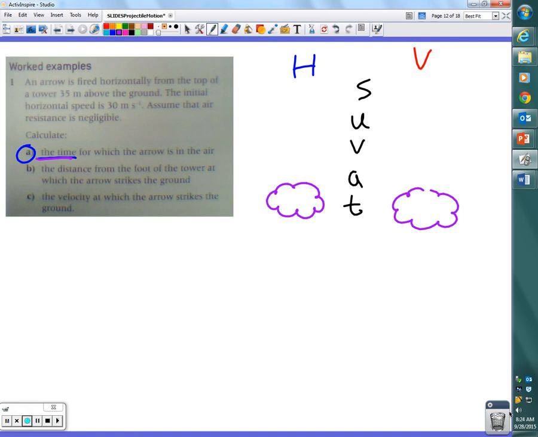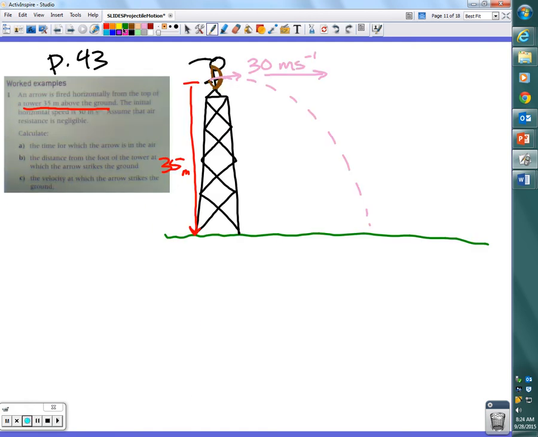So the amount of time that it's traveling horizontally is exactly the same as the amount of time that it travels vertically. If we go back to this picture here, I'm going to make this blue. The amount of time that it travels horizontally on this trip is the same amount of time that it travels vertically on that trip.